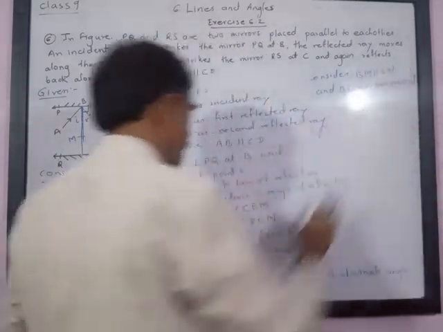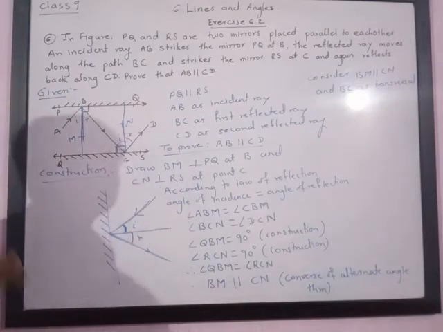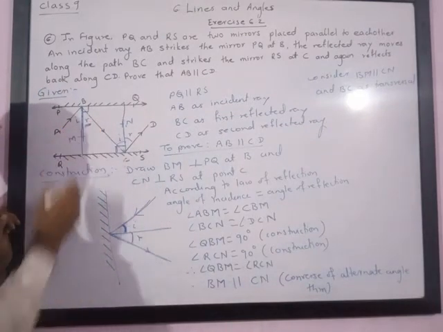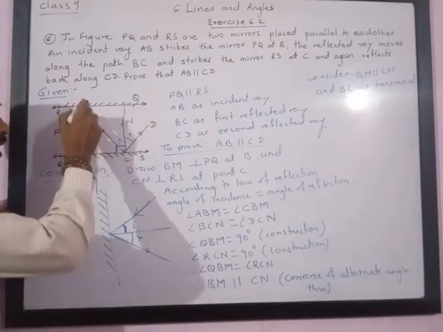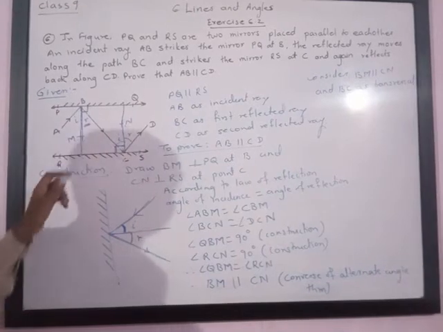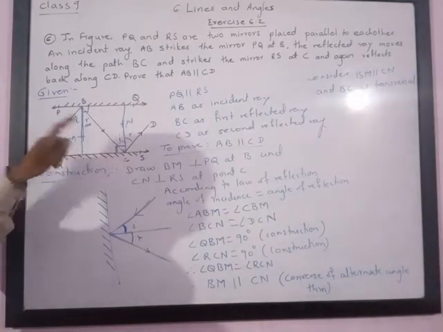We have just proved that BM is parallel to CN. Now we are considering BC as a transversal. So watch carefully. The first angle of reflection and the second angle of incidence form an alternate pair of angles, which means these two angles must be equal to each other.